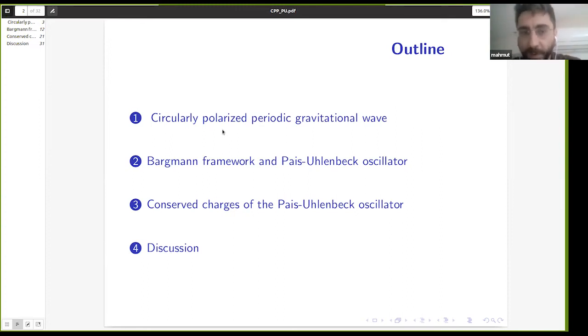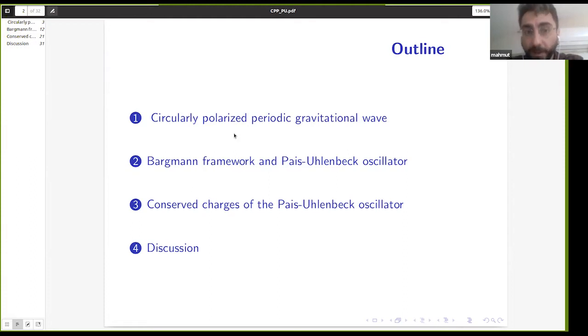So this is very useful. But in this talk, I will do the opposite, the dual thing. By using the symmetries of this higher dimensional gravitational space-time, I will derive conserved quantities for the associated lower dimensional non-relativistic system.